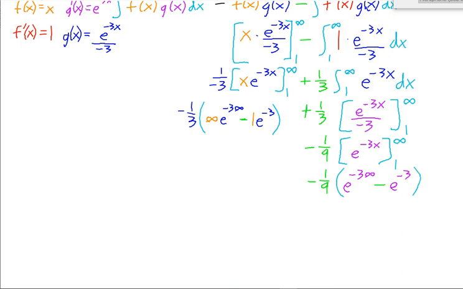And then to simplify it further, let's rewrite the negative exponents so they're easier to analyze here. Here the infinity would just stay on the numerator, and this would move to the denominator, be over e to the 3 times infinity, minus 1 over e cubed.